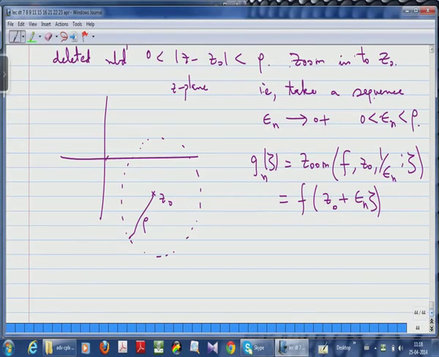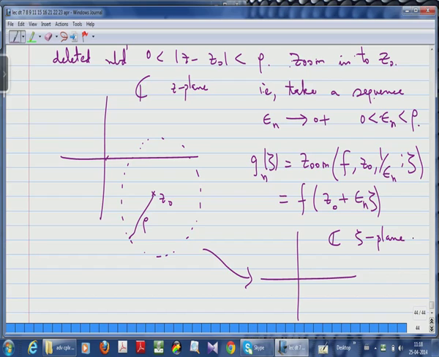So I am using that single function, I am constructing a family of functions. Using the single function f, I am constructing a family of functions Gn. And where are these Gn's defined? So this is the z plane, and then I also have the complex plane which is the zeta plane.